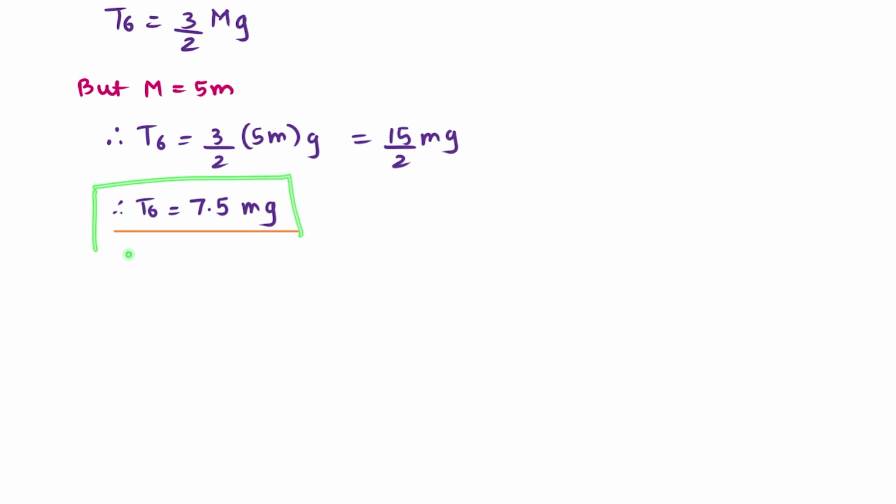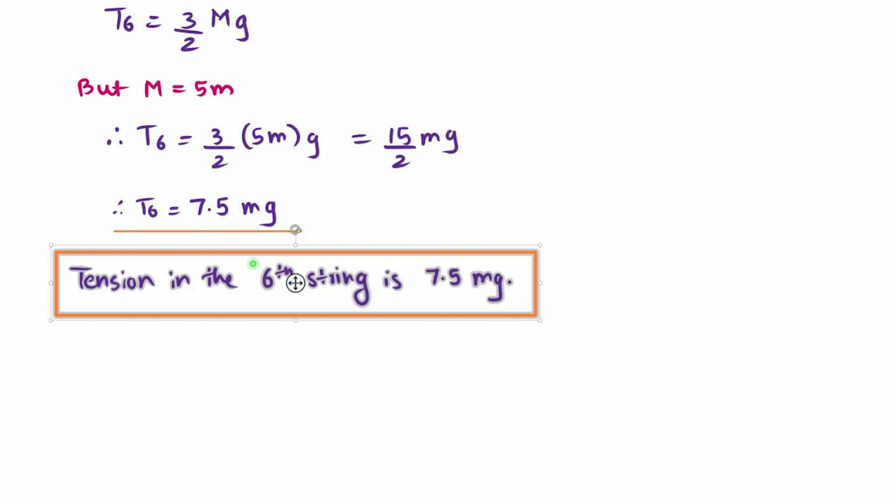So this is the value of tension in string number 6, that is 7.5 times small m into g, where m is the mass of an individual block and g is the acceleration due to gravity. In terms of a statement, we say the tension in the sixth string is 7.5 mg. And that's it.